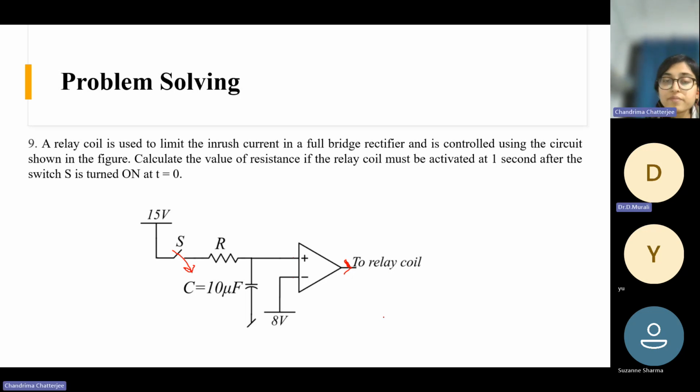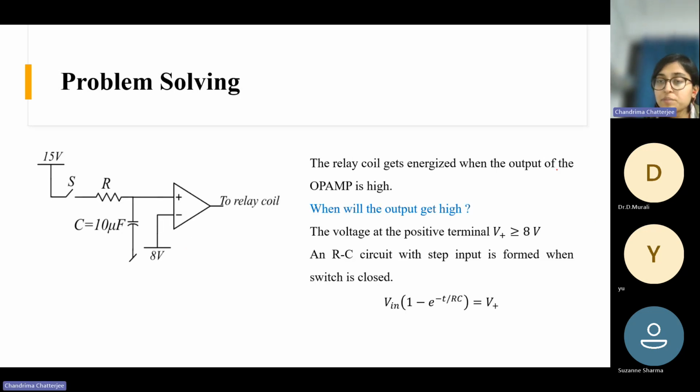So let's see. You need to have knowledge of RC circuits for solving this question. When this switch is closed, we get an RC circuit where a step voltage has been given. This is the supply voltage.